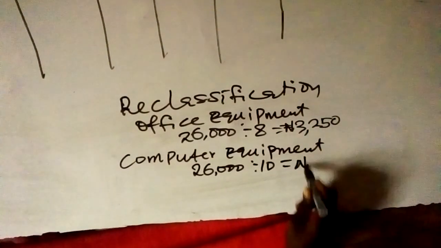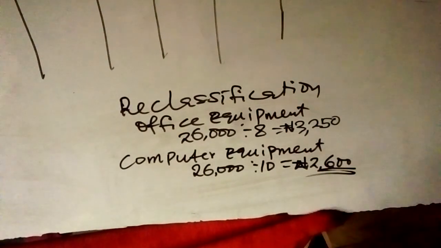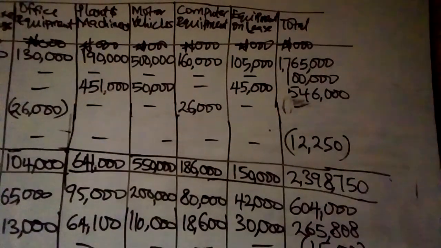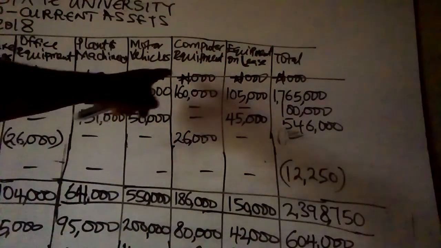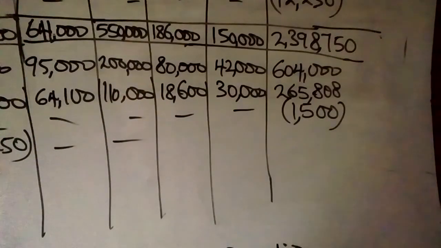That will be 2,600. Then you put 2,600 under computer equipment.